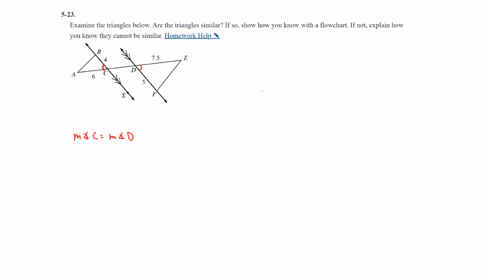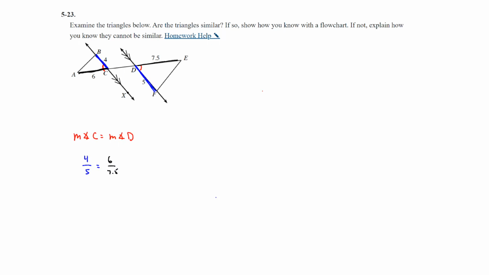Now it doesn't look like either of the other angles we can look at, so now we have side lengths. For the side lengths, we have to know that they are in proportion. So for example, let's take this side length BC, and the side length that matches up with that would be DF. And so 4 over 5 would have to be equal to this side length of 6 over its corresponding side length of 7.5.